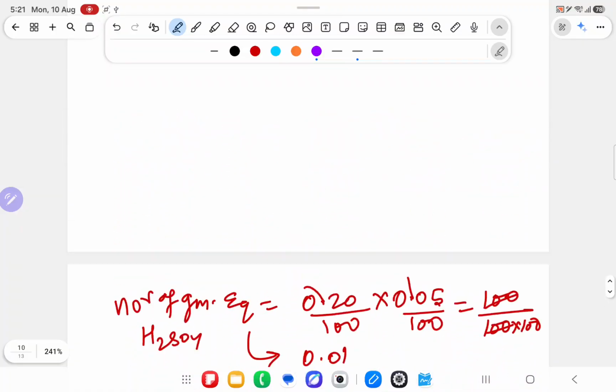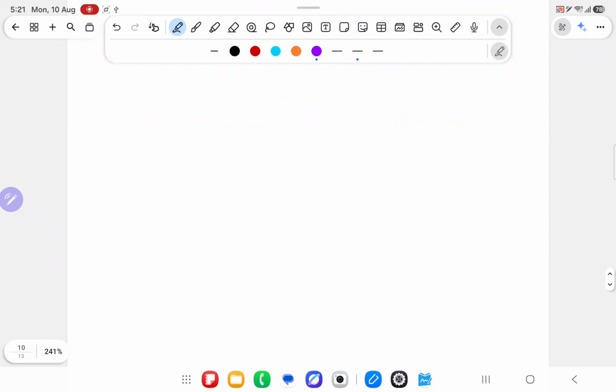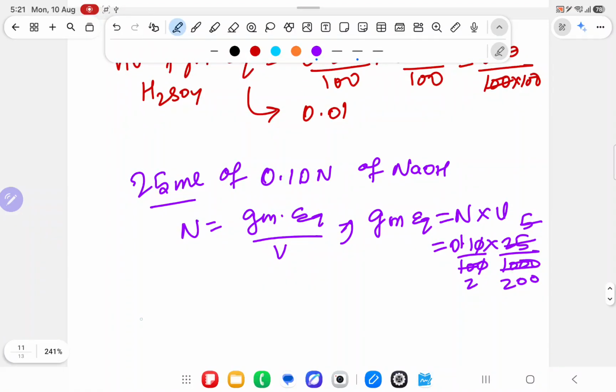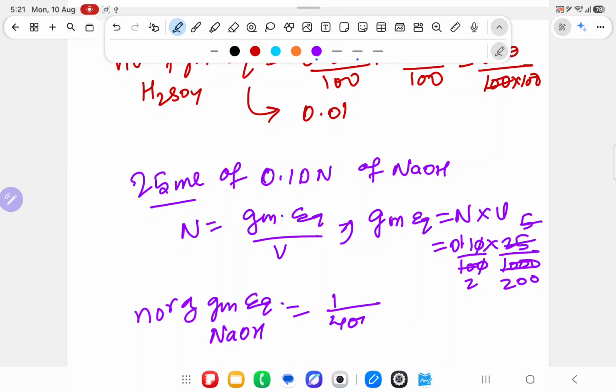Understood the point? Over here also I converted, not 50 by 1000. This decimal gone, coming 100, this 0 gone. 5 fives are 25, 5 twos are 10. You will get number of gram equivalent of NaOH is 1 by 400.